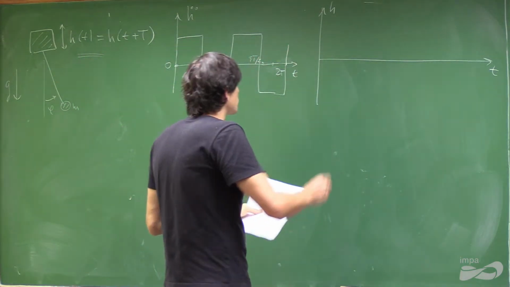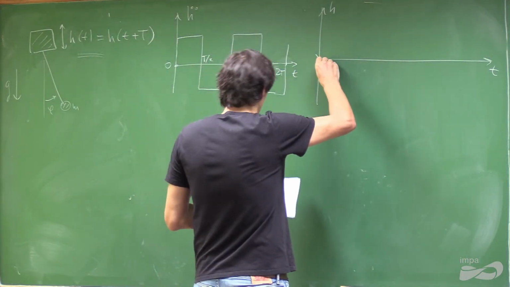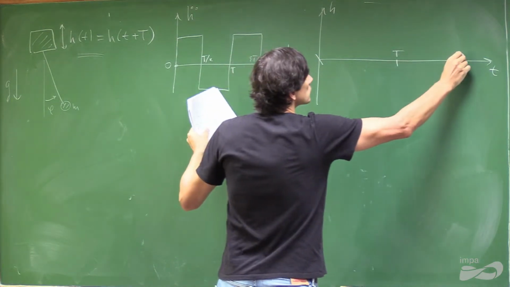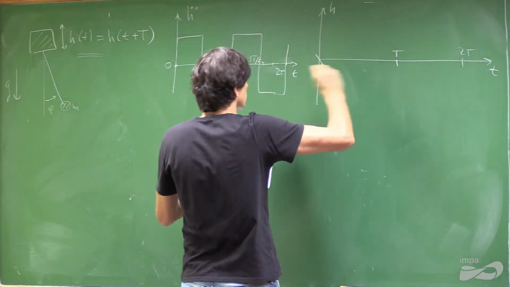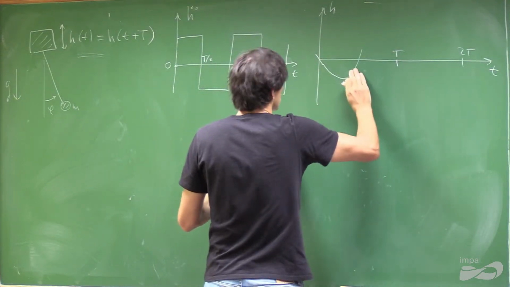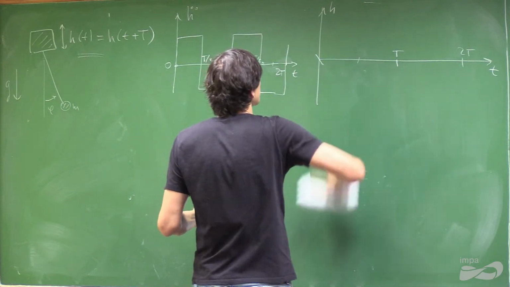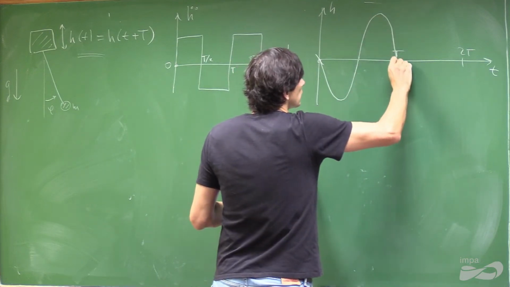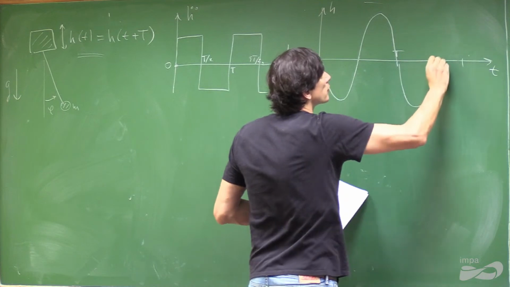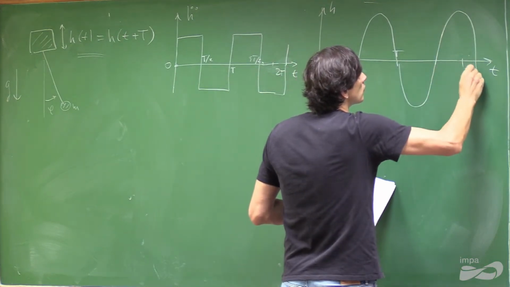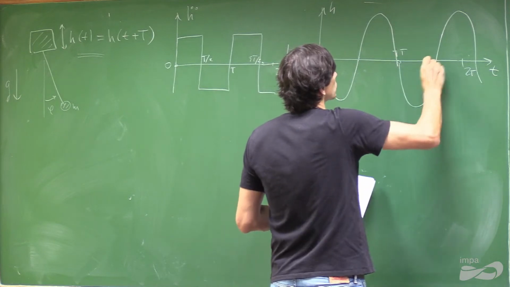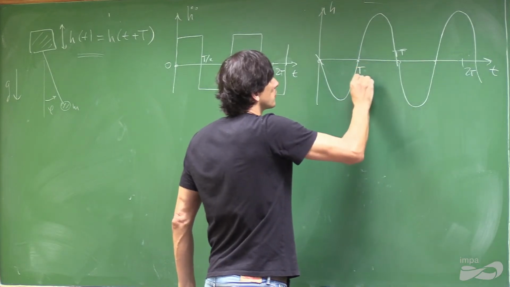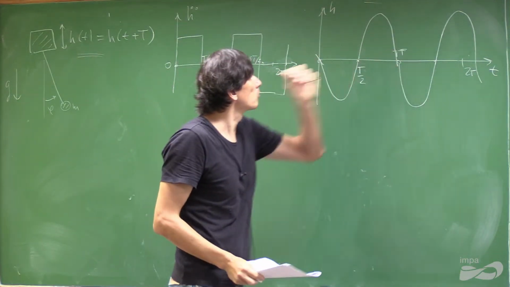And what you can check is that you will have this picture: a parabola here, another parabola here, a parabola here, another parabola here. It looks like a cosine, but it's not a cosine. Every section is a parabola.